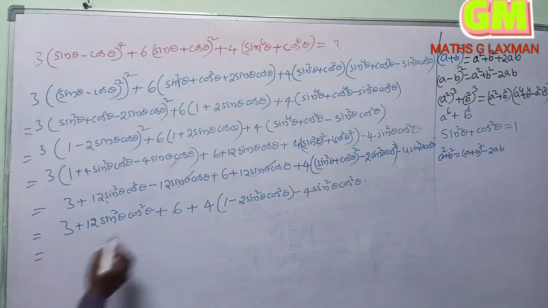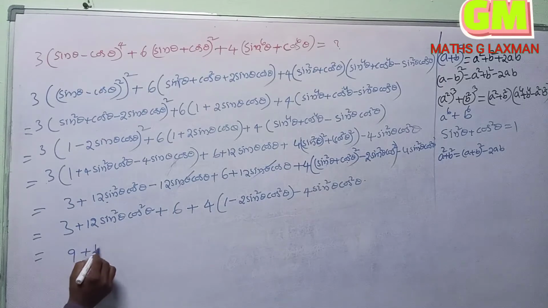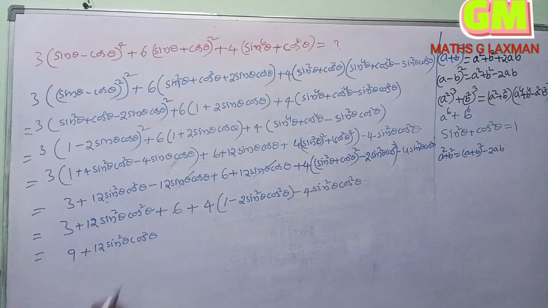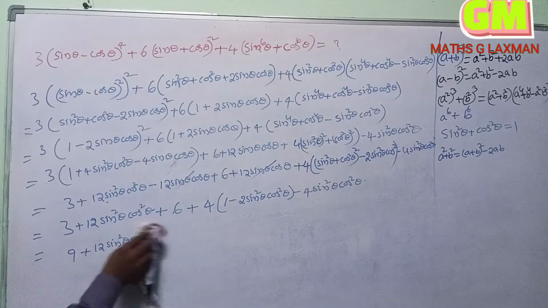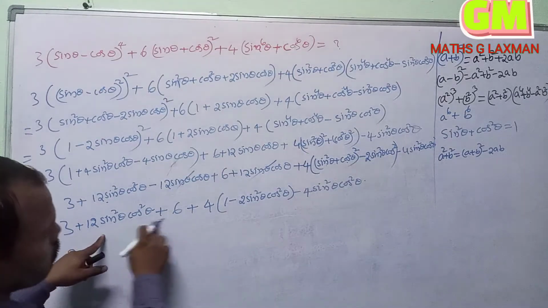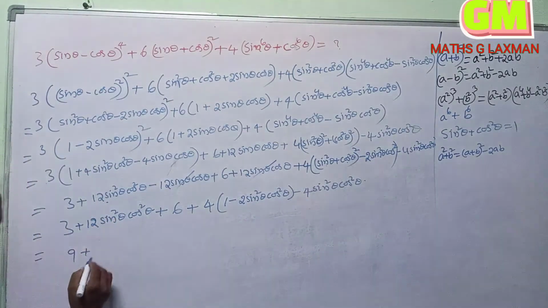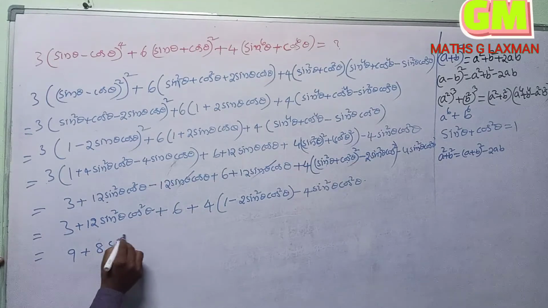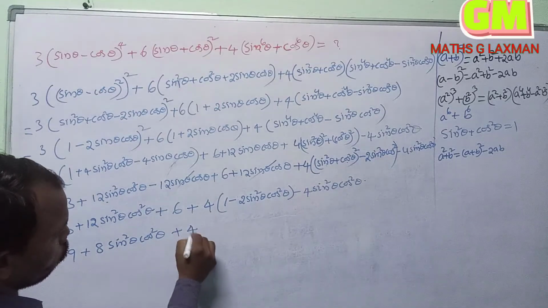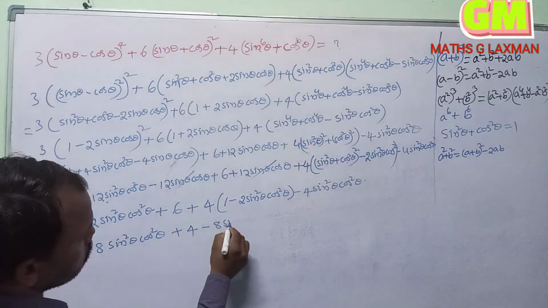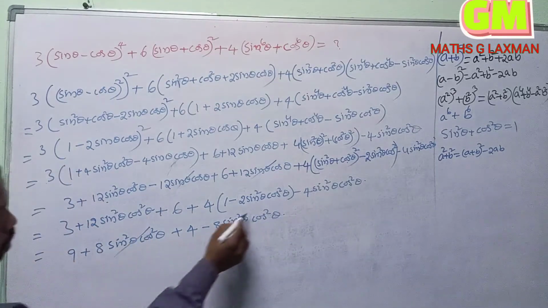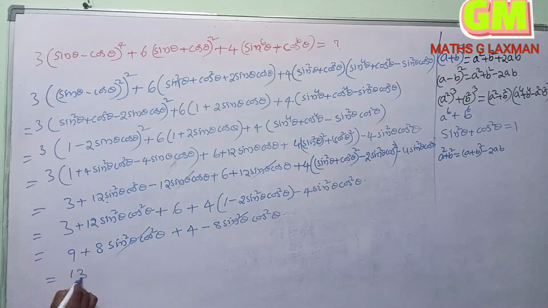Now here 3 plus 6 is 9, plus 12 sin²θ cos²θ. So here we simplify this directly: 12 sin²θ cos²θ minus 4 sin²θ cos²θ will become 8 sin²θ cos²θ, plus 4 into 1 is 4, minus 8 sin²θ cos²θ. So this will be cancelled. 9 plus 4, the value is 13.